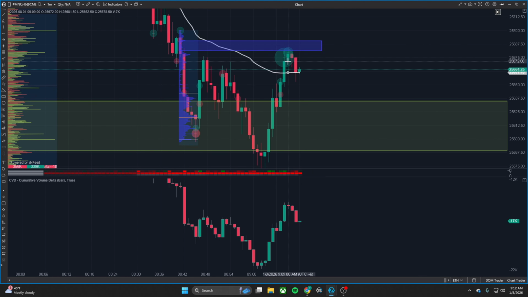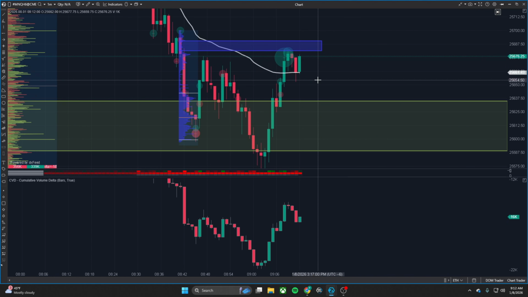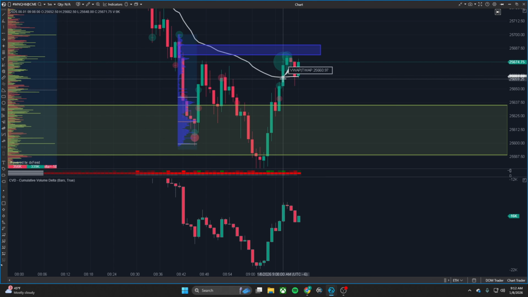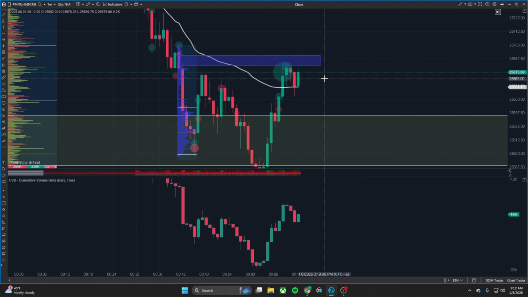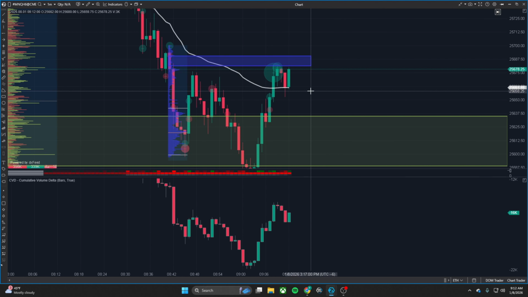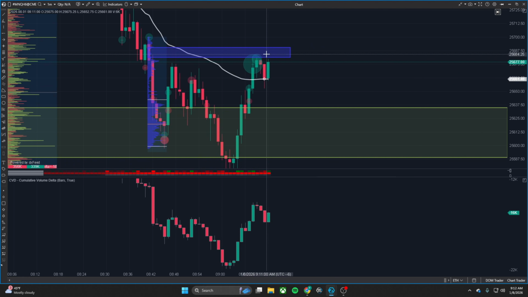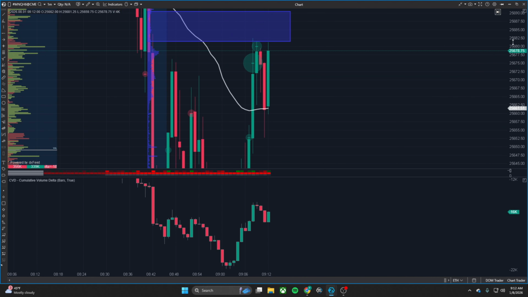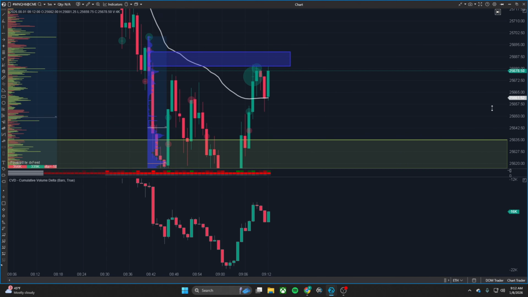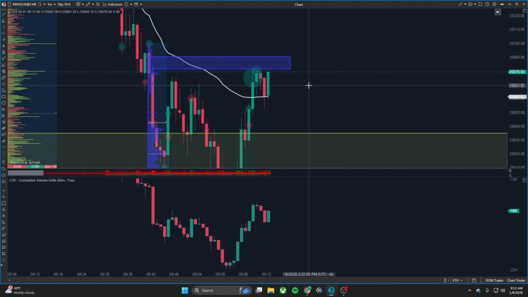Those are absorbed already by passive sellers. So yeah, it shows the buyers didn't really have a lot of follow through. Obviously, it's right here. We'll see if we can mitigate this low volume node and maybe give us an entry. I guess we already did mitigate it with this candle here, but we especially did now.